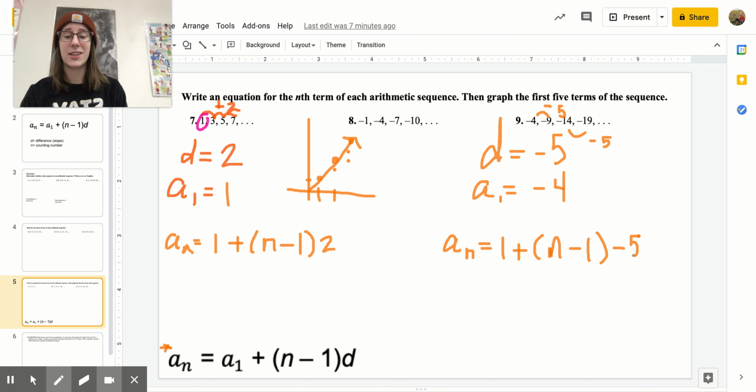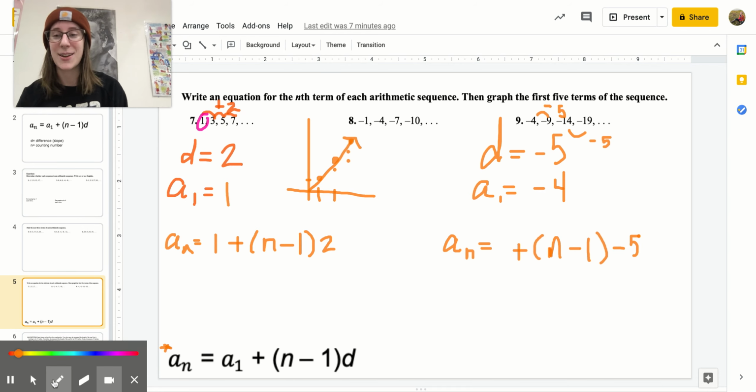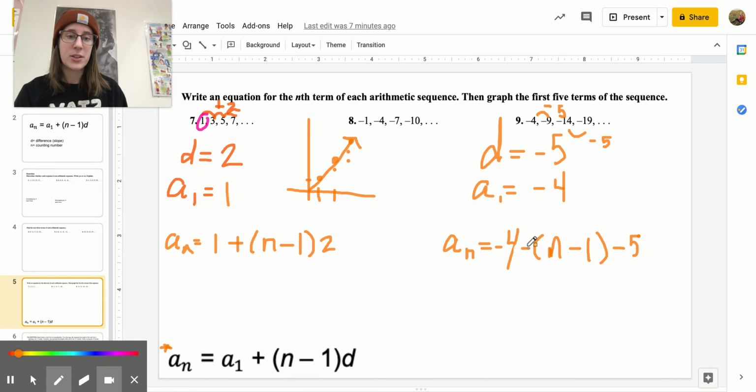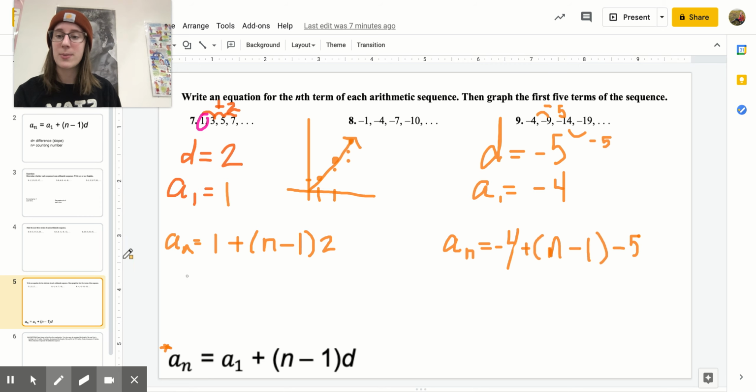I got distracted again and wrote the wrong thing. I apologize. It is now 6 p.m. at night as I record these, and I need to make sure I pay more attention. So our a sub 1 was not 1 in this case. It was negative 4. I'll make that look just a little bit better. And that is what you got. And that's how you do those problems.